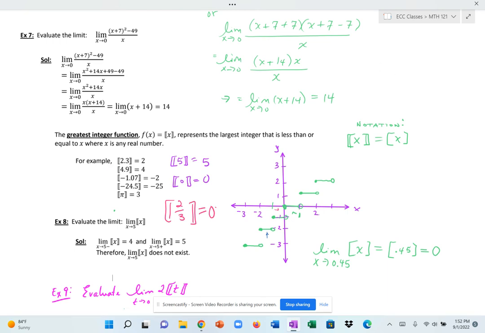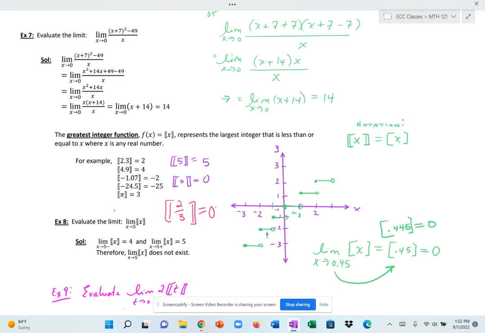Now, if you happen to evaluate a limit at a number that's not an integer, then it will exist. Because whether I am close to 0.45 to the left of it or to the right of it, like let's say 0.445 would be to the left, that would equal 0.